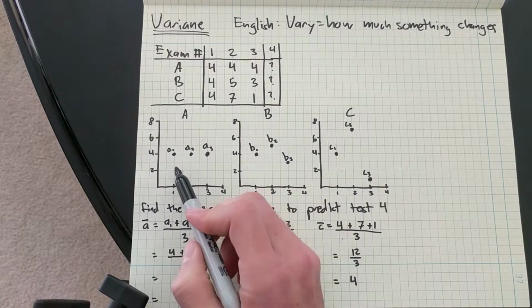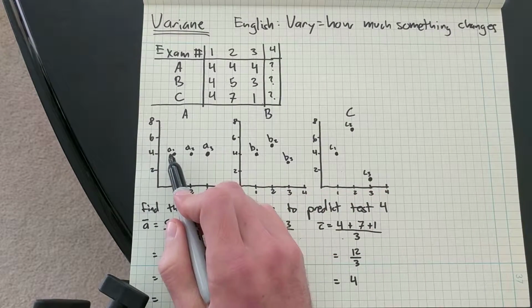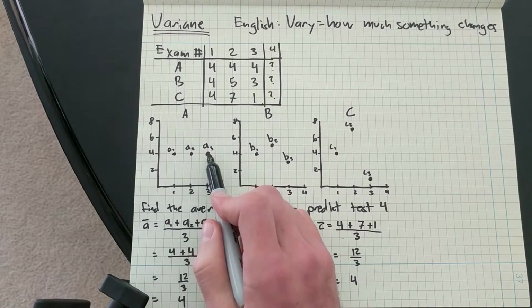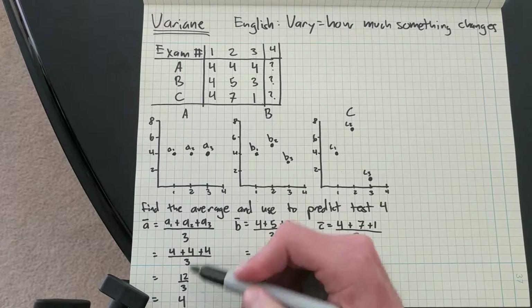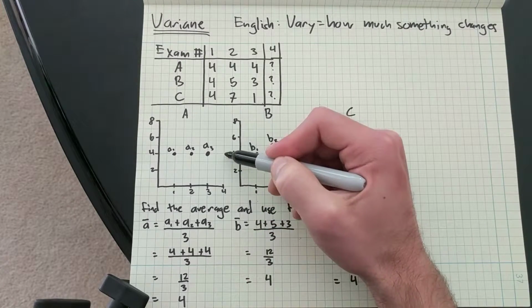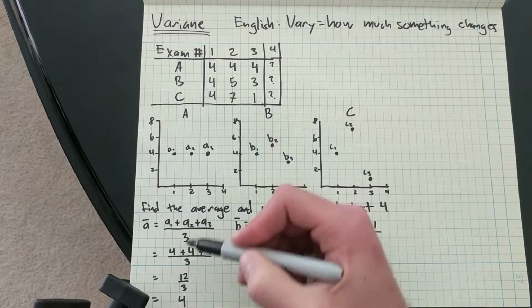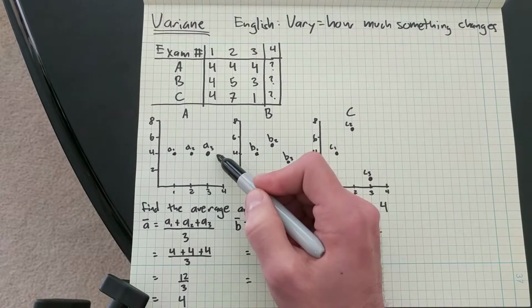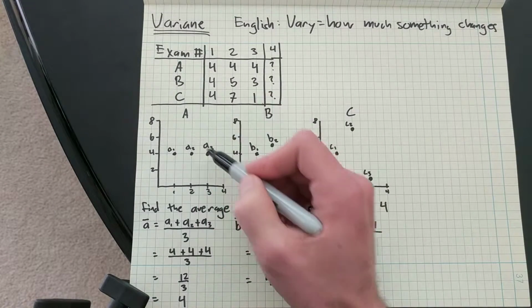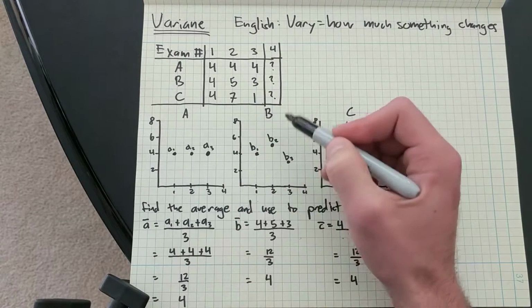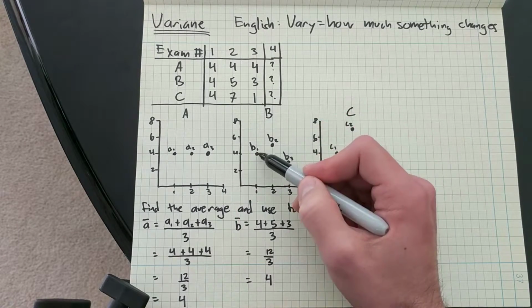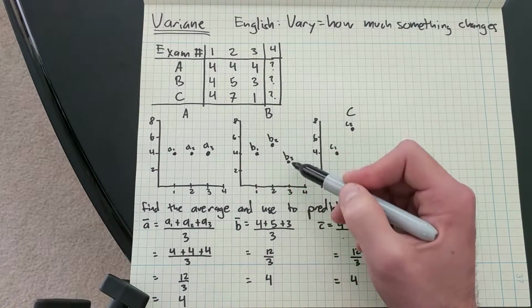But now let's go back and look at our plots. For A, it's 4 every time. I'm pretty confident that test score 4 is going to be 4. So using the average is going to be a good predictor for student A. For student B, we go up and then down, 4, 5, 3.